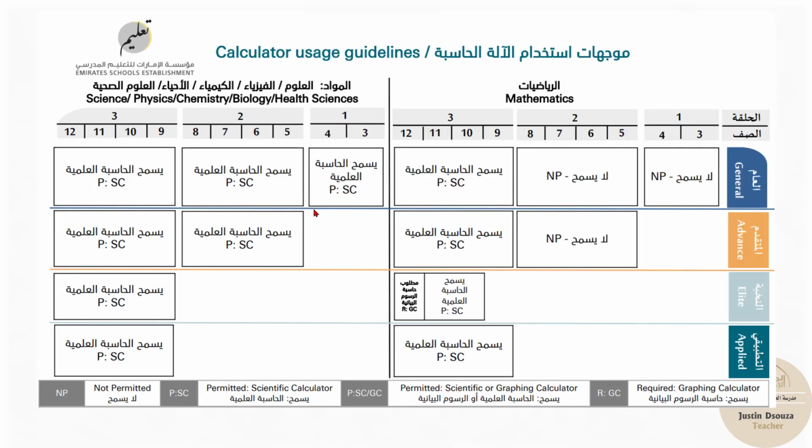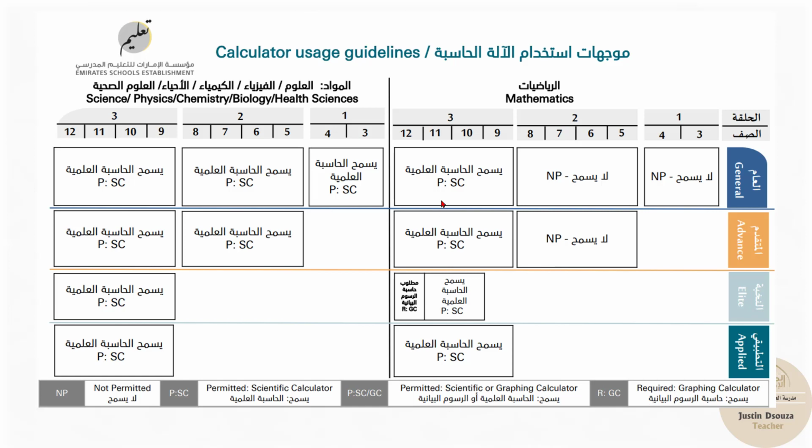Now, this is one of the documents released by the ESC itself. For math, as you can see, cycle 3 is PSC, that means permitted scientific calculator. You can see over here, NP is not permitted. PSC means permitted scientific calculator. If it's PGC, that's graphing calculator.